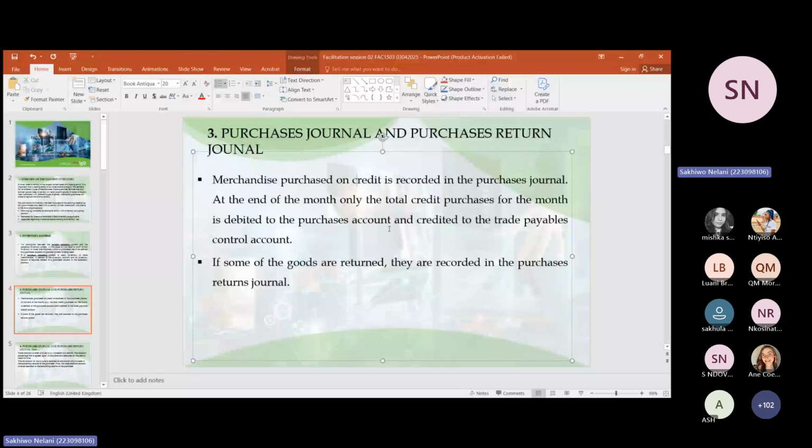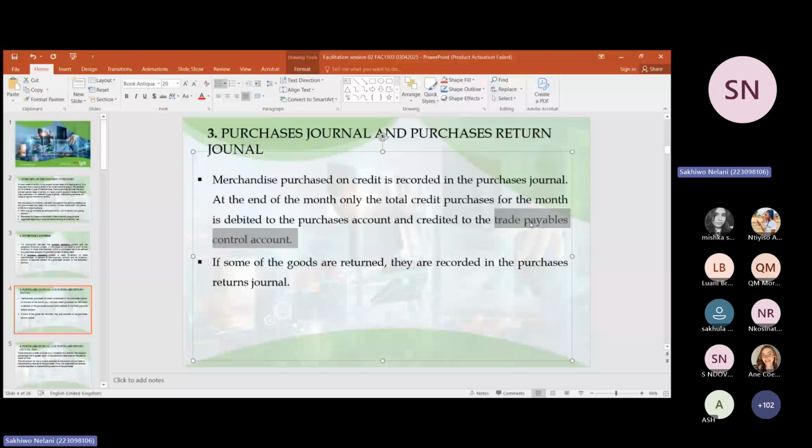So we need to make a practical exercise for that, to make sure that the purchases account is debited, because there's an increase in your trading stock. There's also an increase in your trade payables. When they say trade payable, these are your creditors or your suppliers.